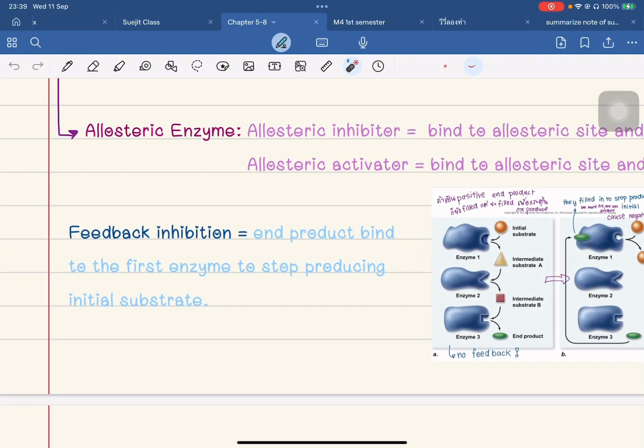Next, we're going to learn about feedback inhibition. In feedback inhibition, the end product binds to the first enzyme to stop producing the initial substrate, which is negative feedback.